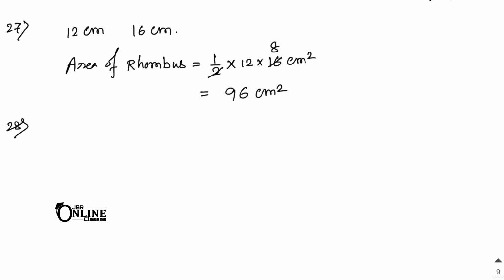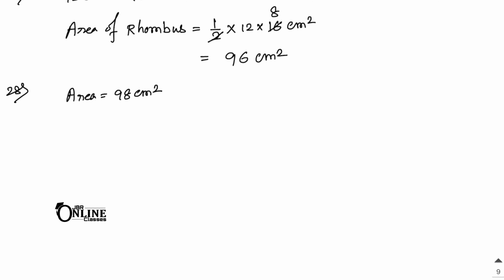The area of a rhombus is 98 centimeter square. So area equals 98 centimeter square. If one of its diagonals is 14, what is the length of the other diagonal? So you know the formula of area, half into product of diagonals.